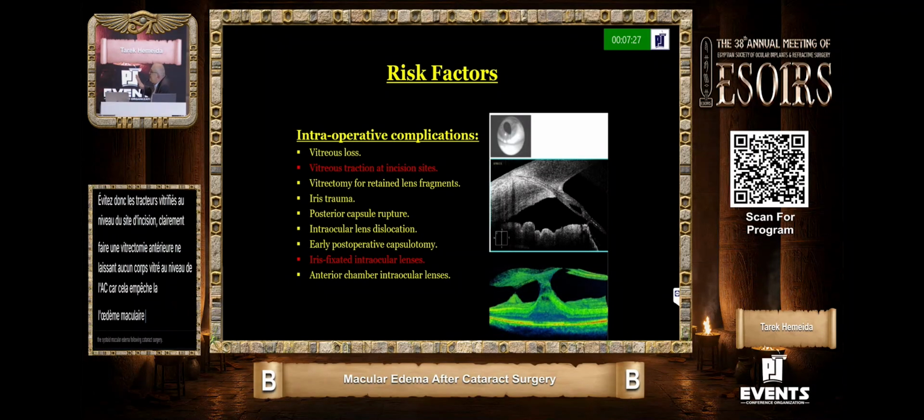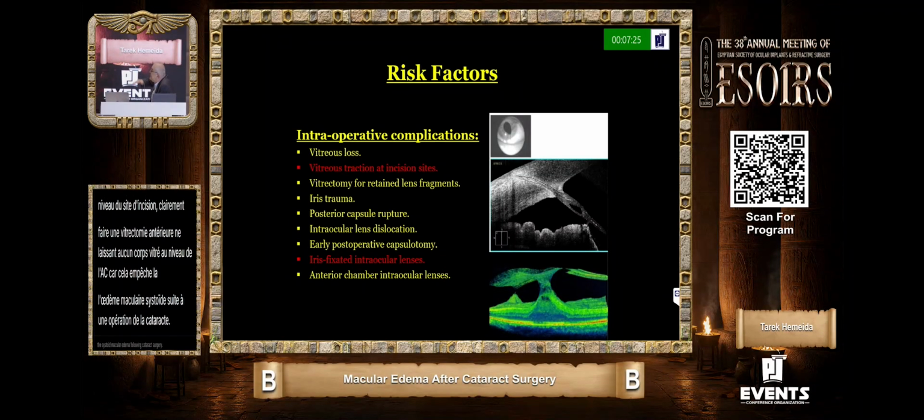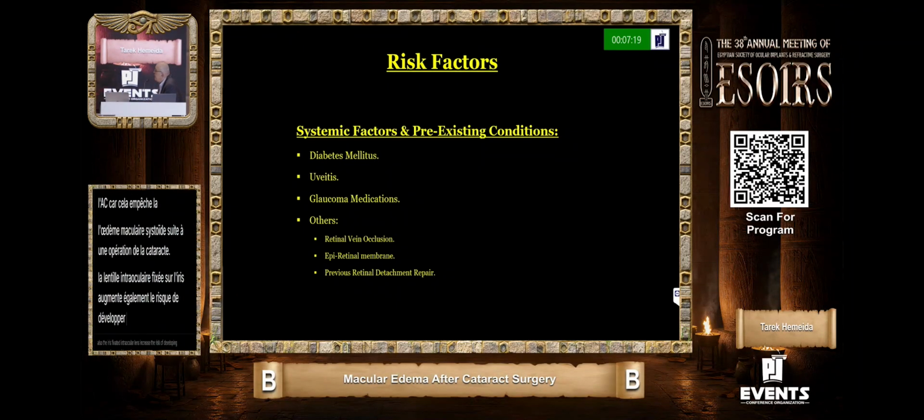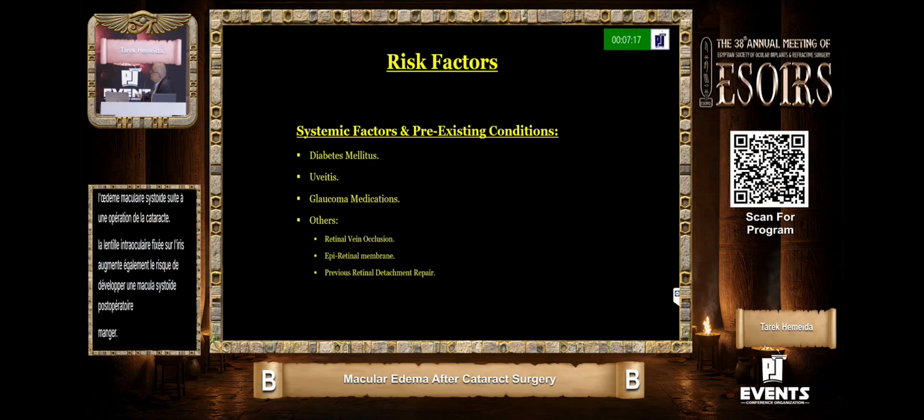Also, an iris-fixated intraocular lens increases the risk of developing post-operative cystoid macular edema. Another important issue is that systemic diseases can contribute to post-operative macular edema, like diabetes, uveitis, glaucoma medication, or vein occlusion and epiretinal membrane.